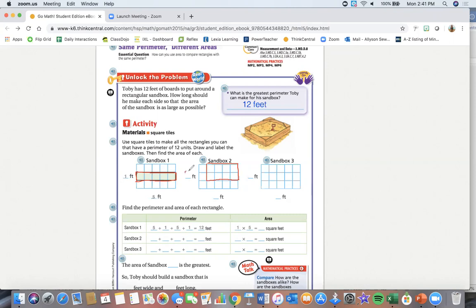So 2 feet long and 4 feet wide. Okay, so if I have that, then my perimeter would still be 4 plus 4, which is 8, plus 2, which is 10, plus 2 more, which is 12. All right, sandbox 3. Let's say I made a sandbox that is 3 feet by 3 feet. So 3 feet long, 3 feet wide.